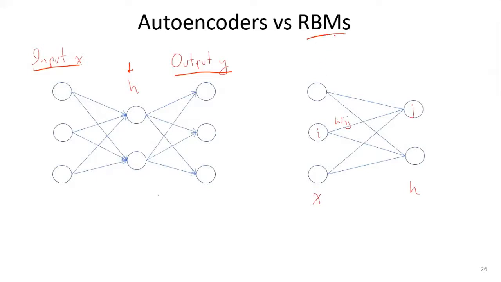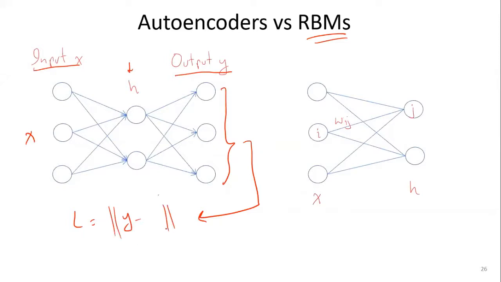Now the RBM is doing something similar, and it's also trying to learn, if this is the input X and this produces the output Y. Here, what do we normally do? We take the output Y and we do back propagation. And what do we use as a loss equation? We use Y minus, what do we compare the output Y with?